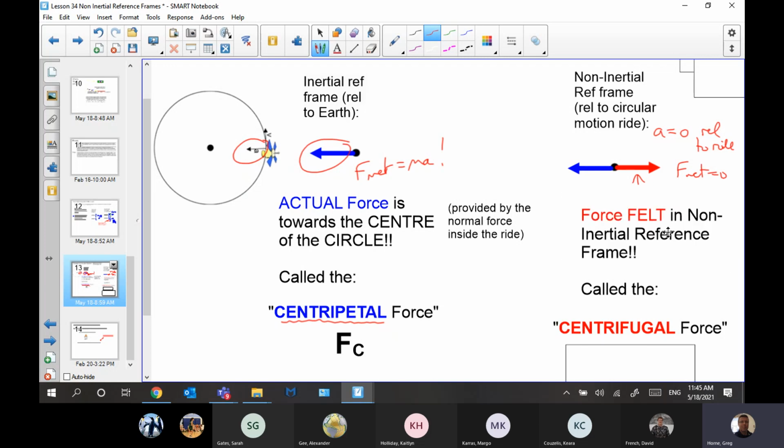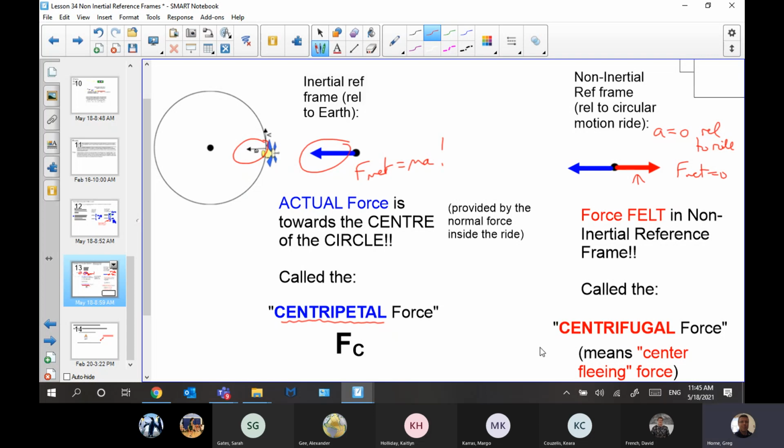So that's the force that you feel like is acting on you in that non-inertial reference frame. You literally feel like you're being pushed outwards in the ride. What's really happening is the ride is pushing inwards to make you travel in a circle. The feeling you have in that ride is because of your inertia that wants you just to travel in a straight line.